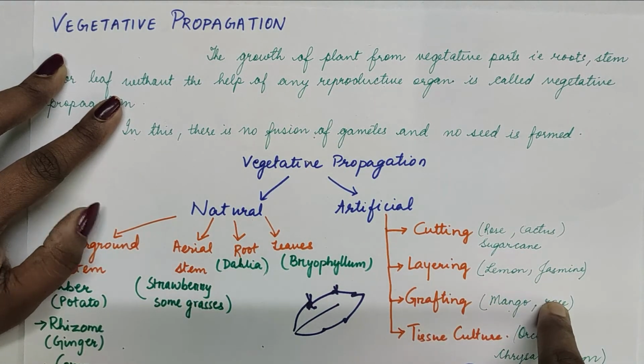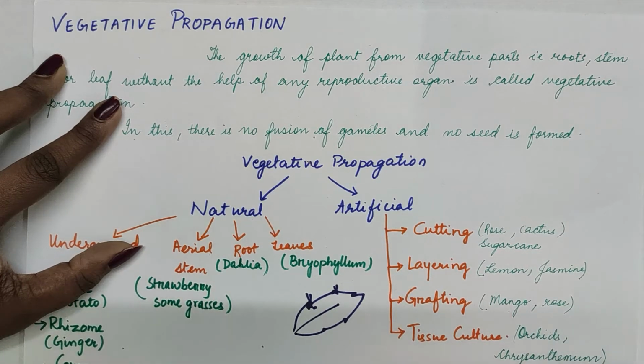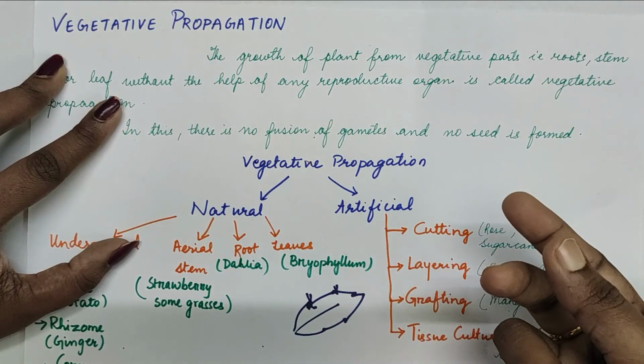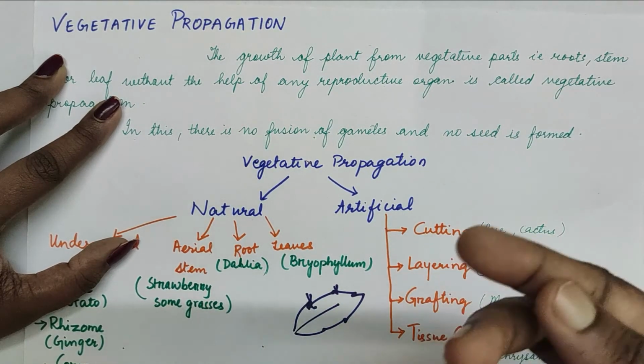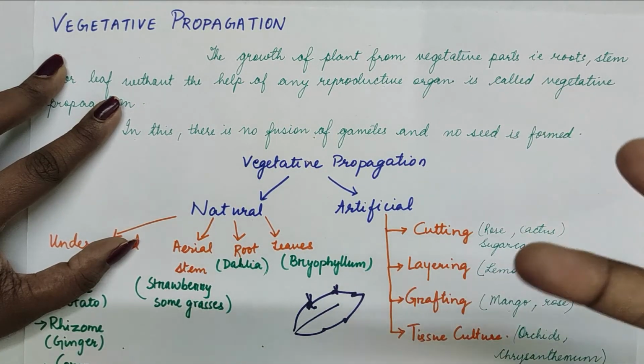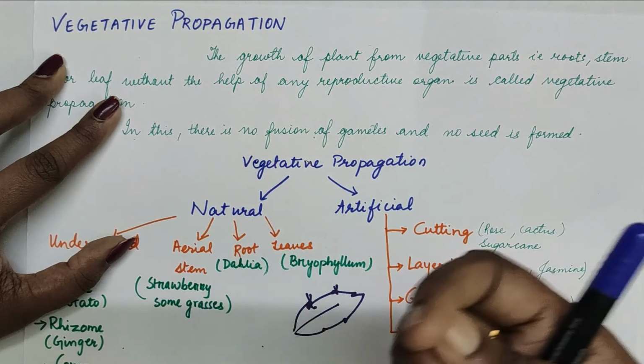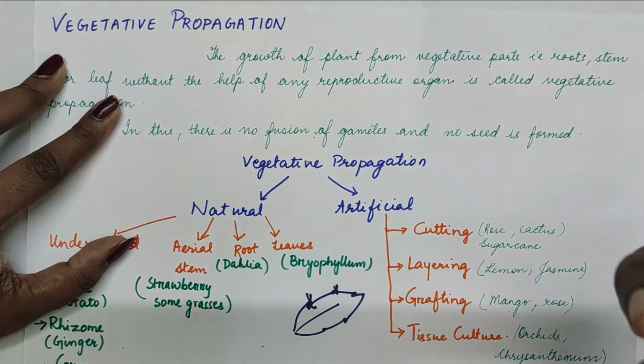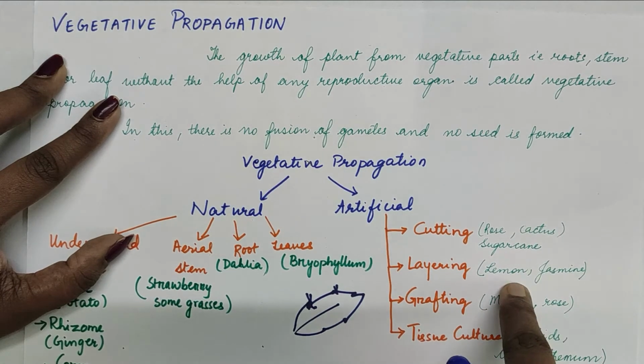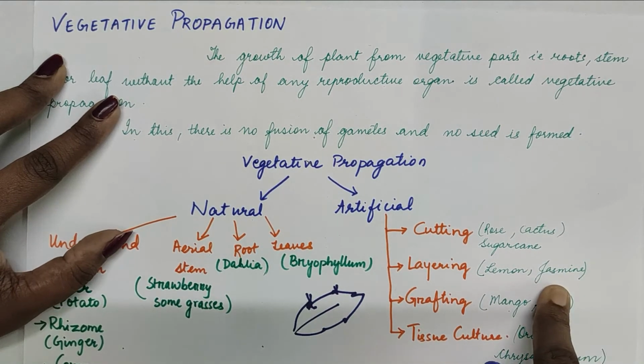Then we do layering, where we take a branch of the plant, bend it and cover it with soil, and after some time it develops roots, and we can cut it from the main branch and the new plant can survive. That's done in lemon, jasmine, and so on.